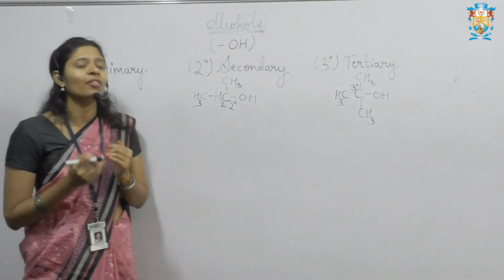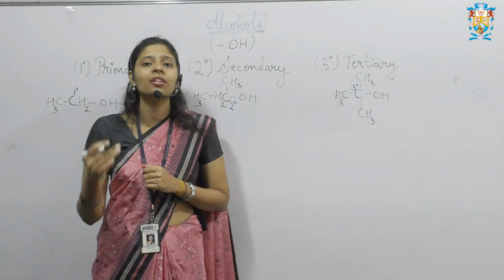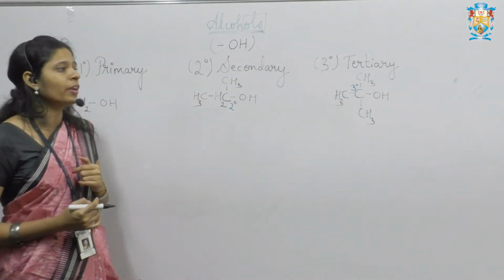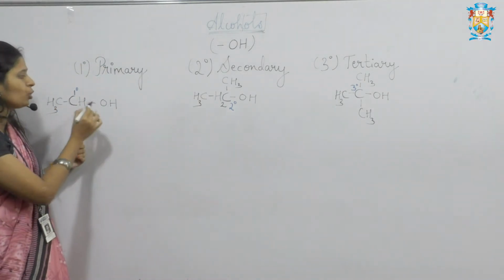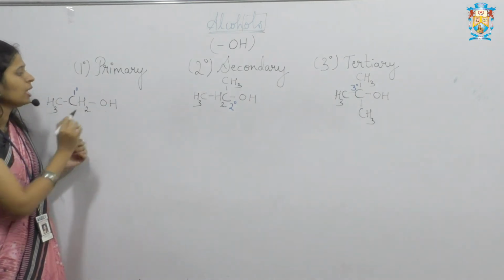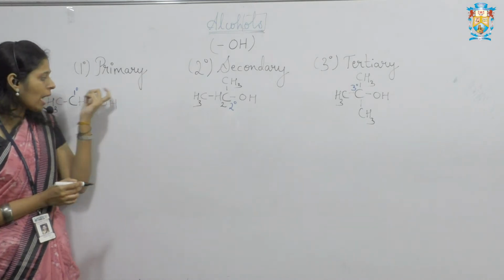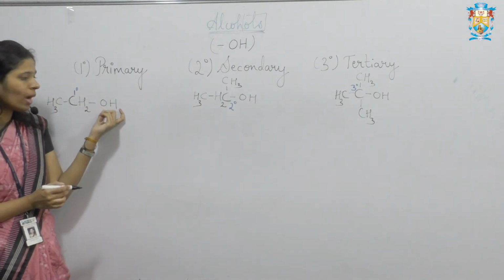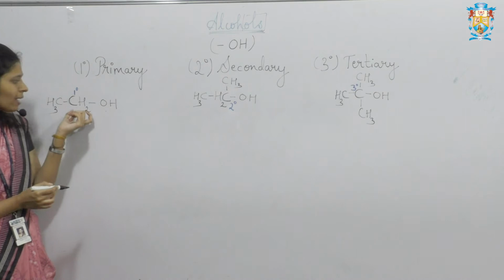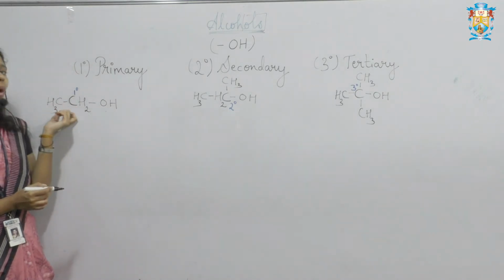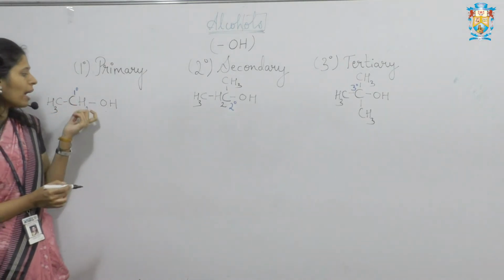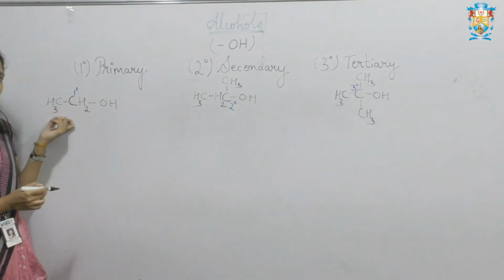Now why have I written primary, secondary and tertiary alcohol? If you observe clearly, the carbon atom to which the OH group is attached indicates the type. It is a primary alcohol because the carbon atom with the OH group is attached to only one other carbon atom.